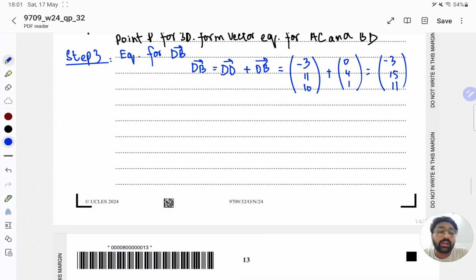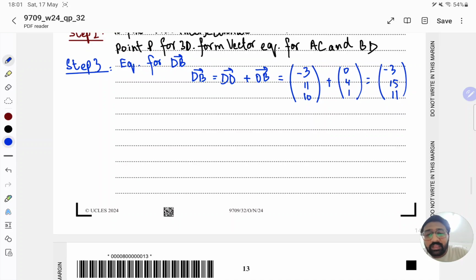Now we want to find the vector equation for DB. Since it's a 3D shape, we will find the vector equation DB. It will be r equals a plus t p.